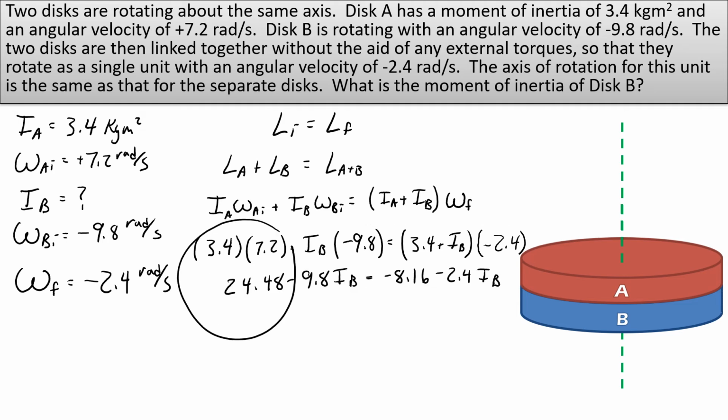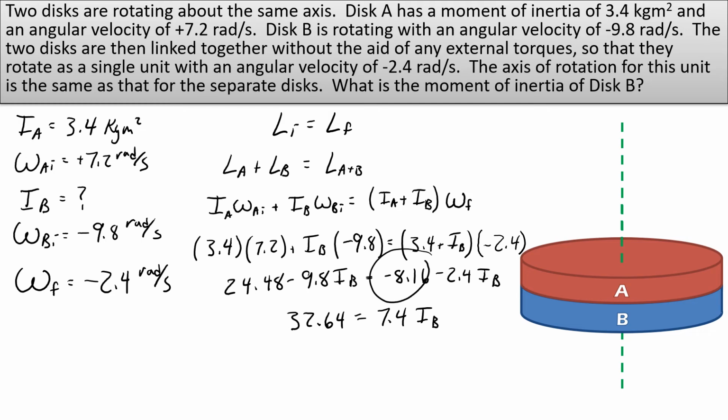So I did this multiplication and distributed the negative 2.4. Then I added 8.6 to both sides to get 32.64. And then you add 9.8 to negative 2.4 to give you 7.4 times the moment of inertia for B. Then you divide, and you get the moment of inertia for B to be 4.41 kilogram meters squared.